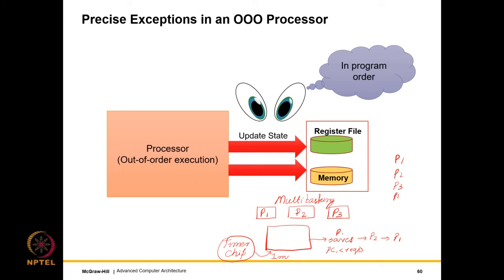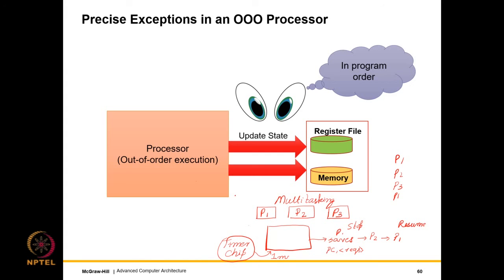We will never be able to perceive what's happening. And the reason that we are able to switch is because there is a way to stop a program at a point and resume it from exactly the same point. This stop and resume behavior is enabled because we have precise exceptions.